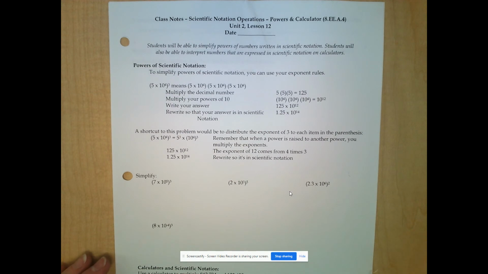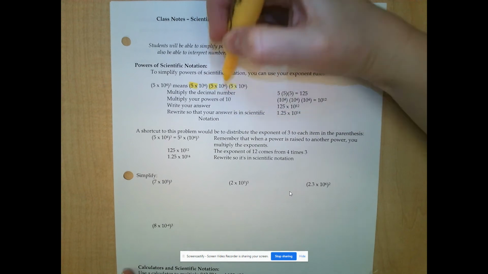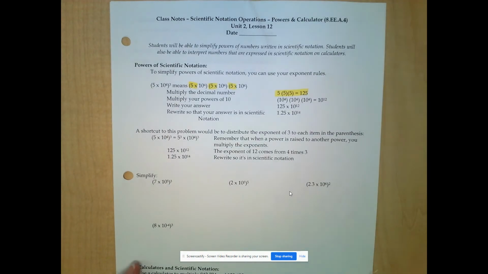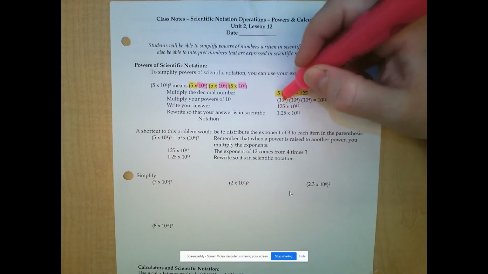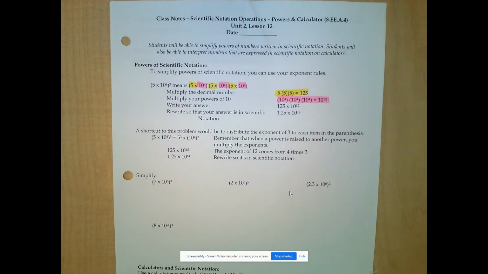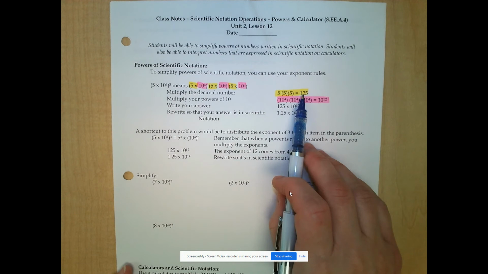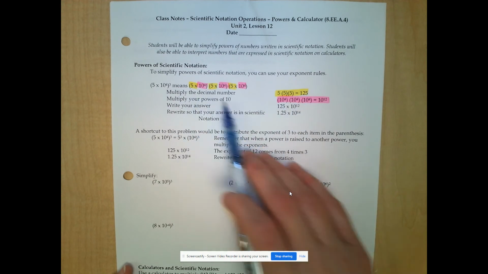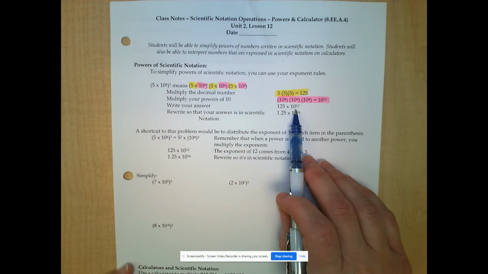So, really, you'll notice that you have a 5 times another 5 times another 5, which is where this 125 comes from. You will also notice that you have a 10 to the fourth, 10 to the fourth, 10 to the fourth, which if you combine it gives you 10 to the 12th. So it's really easy to individually say, I'm going to do 5 to the third power, which is 125, and 10 to the fourth to the third power, which is 10 to the 12th, giving me 125 times 10 to the 12th.